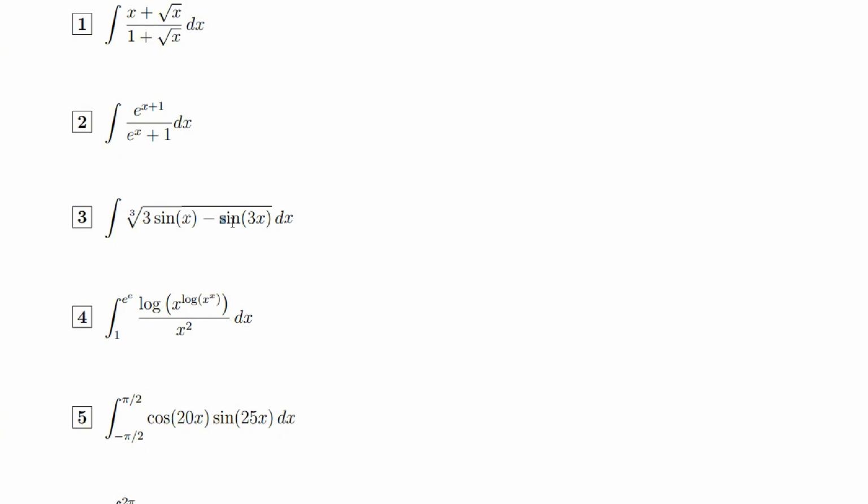But if you don't remember sine 3x, what you can do, this is actually the long way. I don't think there is any short way, but if you don't remember, unfortunately, the way this is derived is by complex analysis.